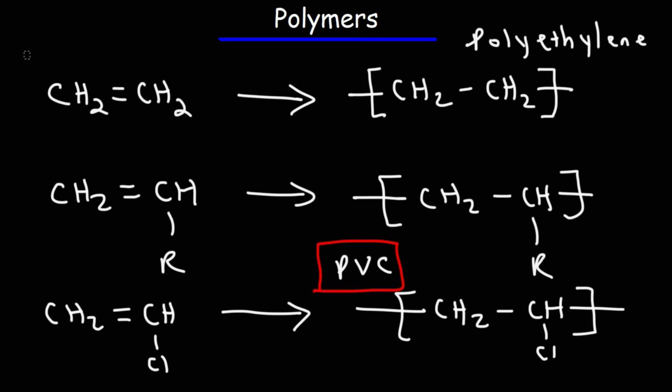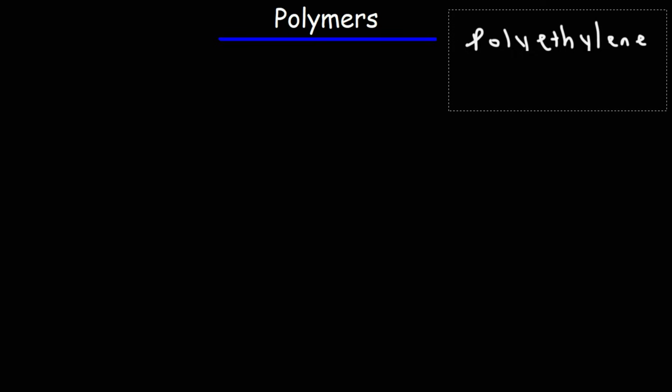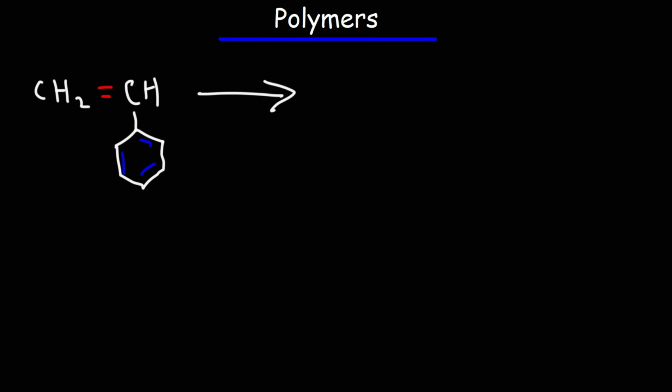Let's look at another example. Consider the molecule styrene. The R group is a benzene ring. Go ahead and draw the repeating unit for styrene. Feel free to pause the video as you work on this example.